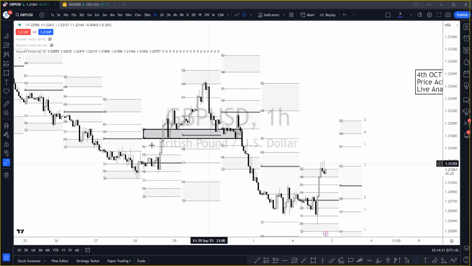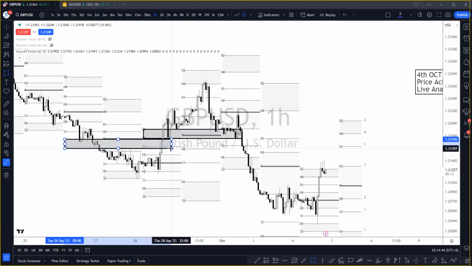Okay, so I can give you 2 examples here. One example is on the daily on the 26th of September, we can see that price closes below the S2. So essentially, all the way up to this week, this Monday, we were in a bearish trend.